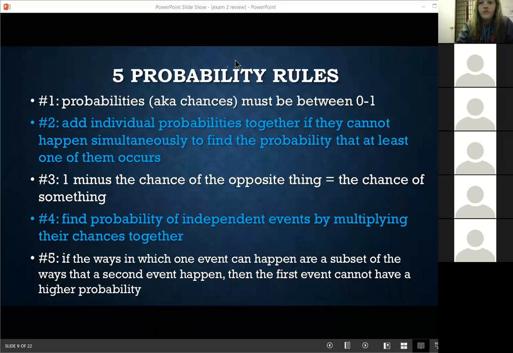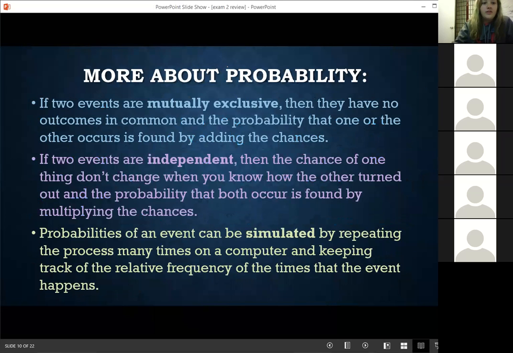Okay, so a few things also about probability to talk about. If we have mutually exclusive events, that just means they have no outcomes in common at all. So if you had an event diagram, there wouldn't be any overlap. And since they have nothing in common, like we talked about in the probability rules, if they can't happen simultaneously, then for the probability that at least one of them occurs, all you have to do is add them together.